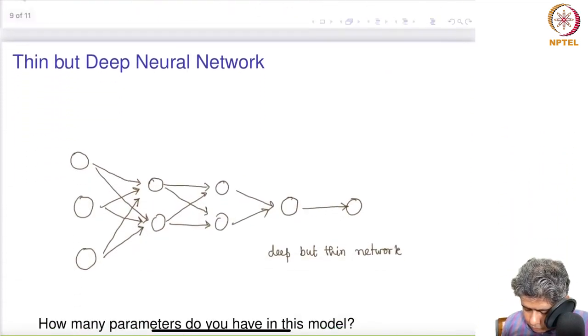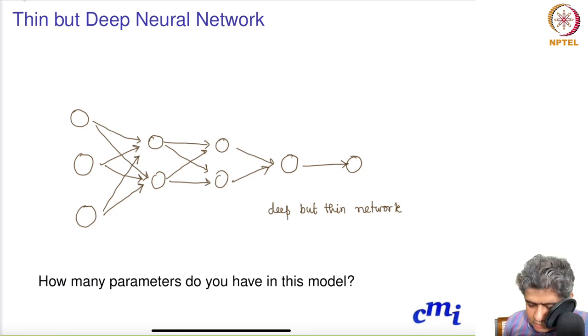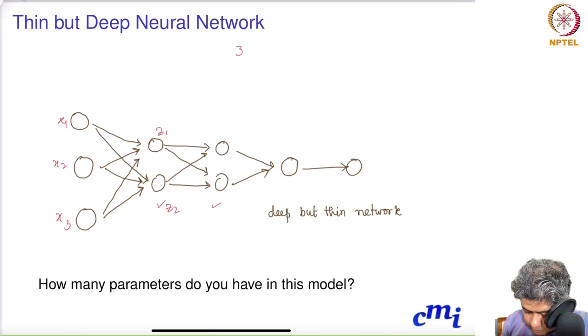Now with the same 3 features, you decide, okay, I will go for 2 nodes, but 2 layers, with each layer having only 2 nodes. Then how many parameters? You have x1, x2, x3, and you have z1 and z2. z1 has 3 parameters, z2 has 3 parameters, and then here you have u1, u2. u1 has 2, u2 has 2, and then finally p will have 2.